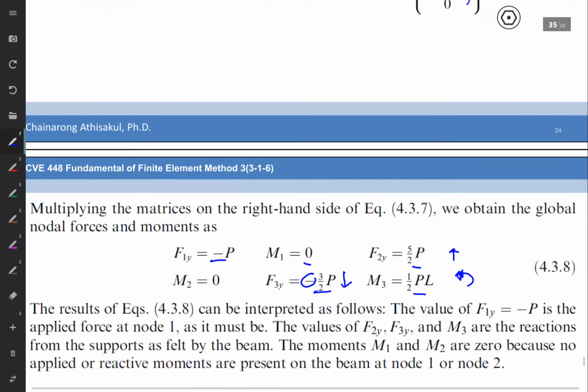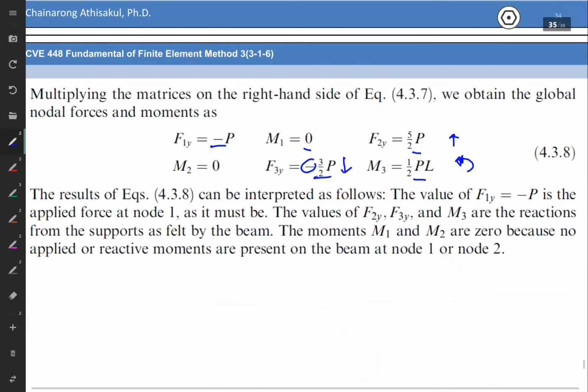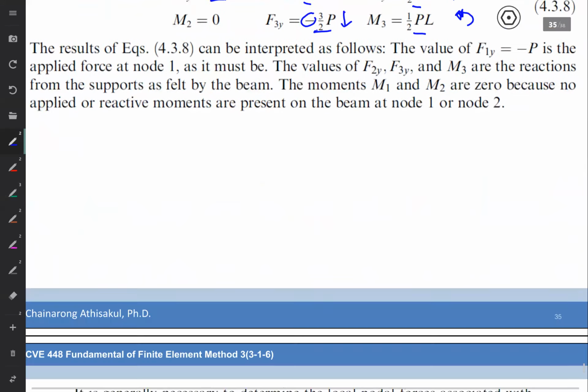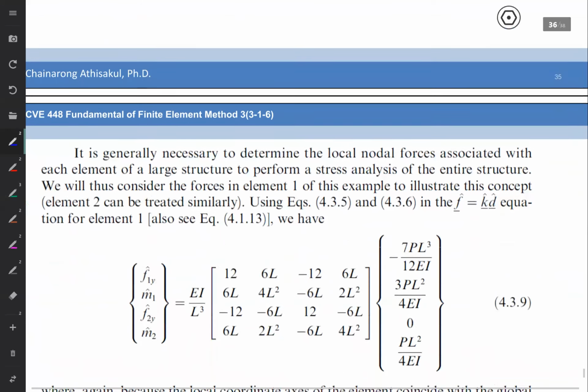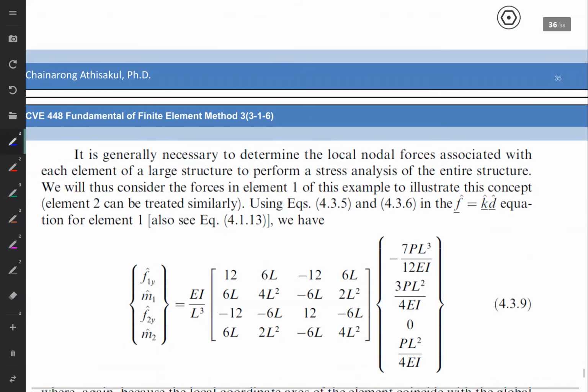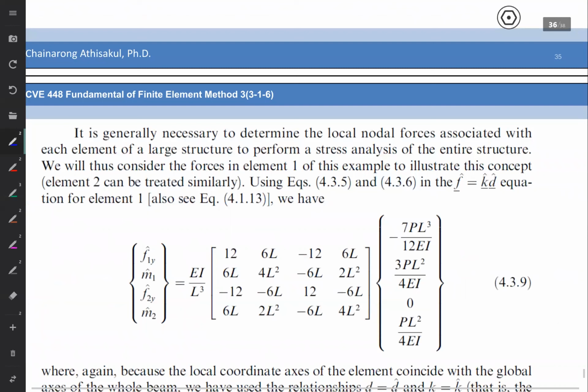Right now we already have the reaction force, and if we would like to find the internal force, that means the shear force and bending moment, we will consider each element.